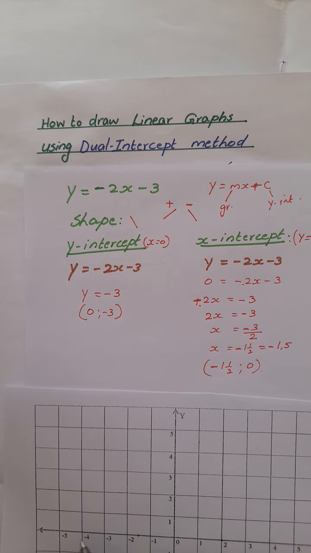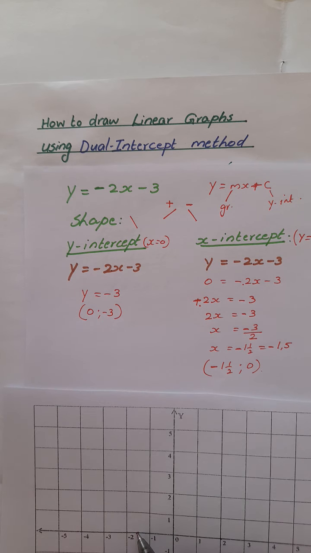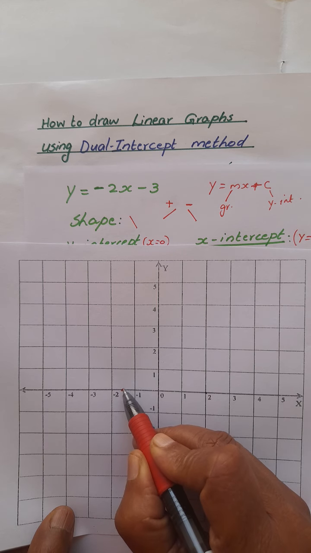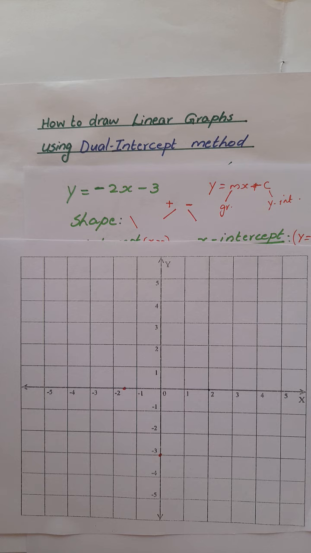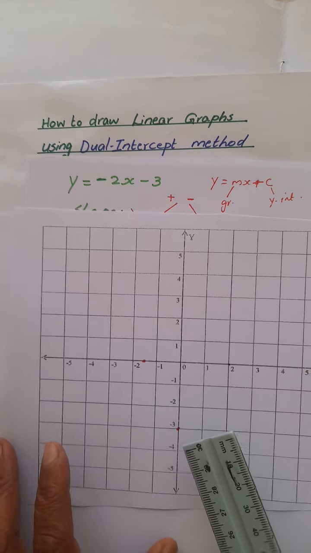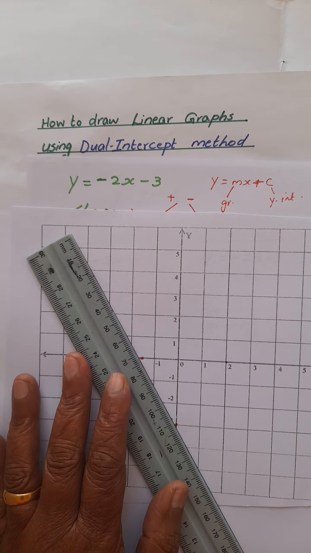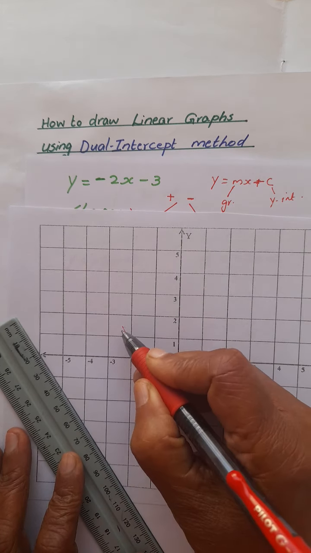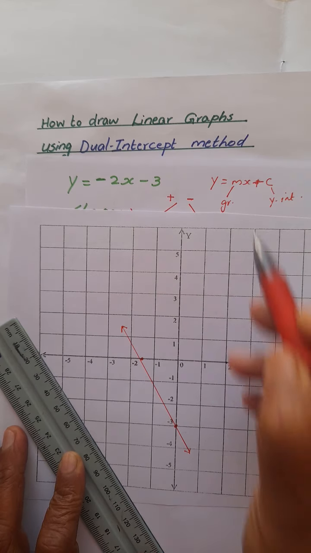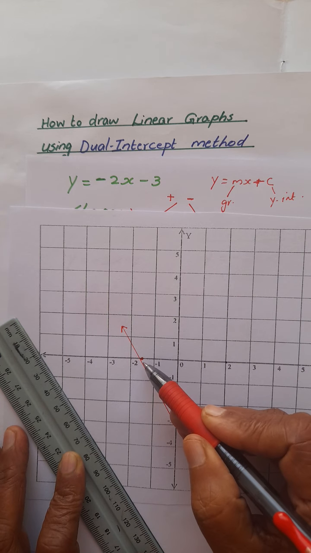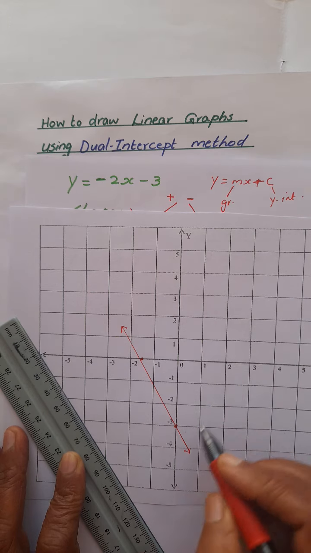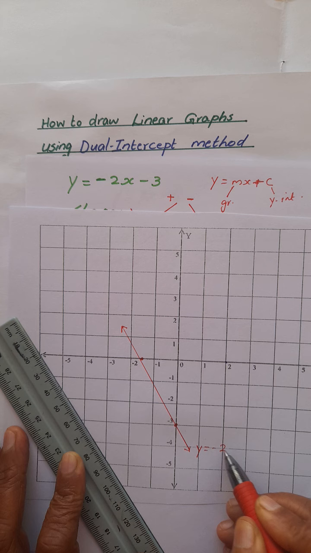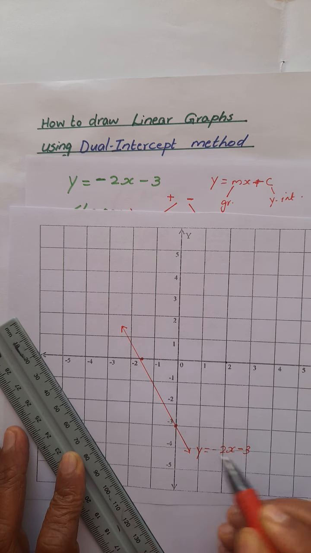That is on the x-axis, in between -1 and -2, here. Okay, then we just join those two points, and we have the graph. That is why it is called the dual-intercept method. We are using only the two intercepts. So the graph of y is equal to -2x minus 3 is this one.